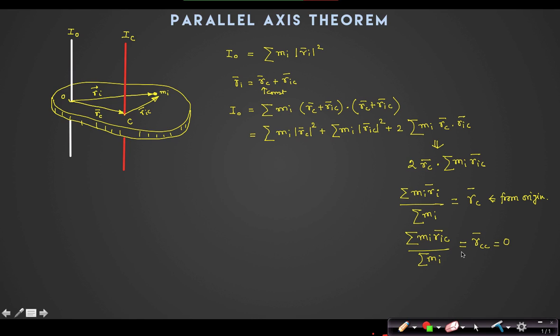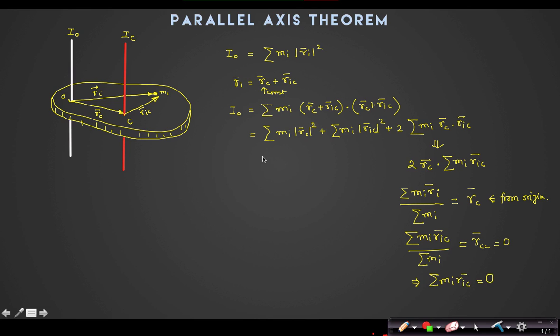Yes, sir, because it is the position vector of center of mass with respect to center of mass itself. Definitely it will be 0. So the third part is 0.